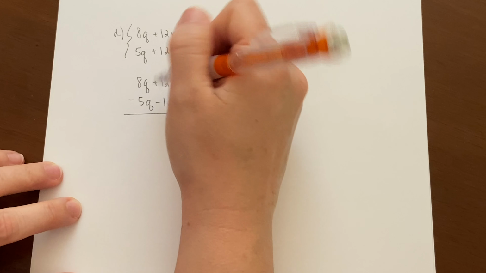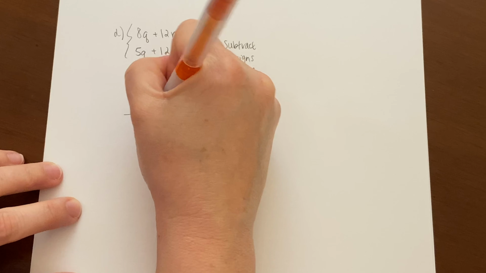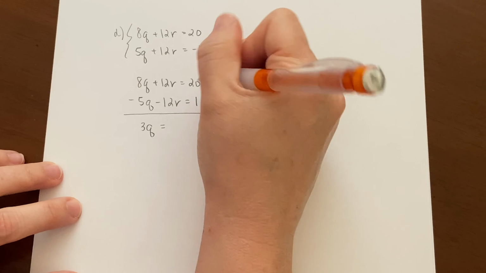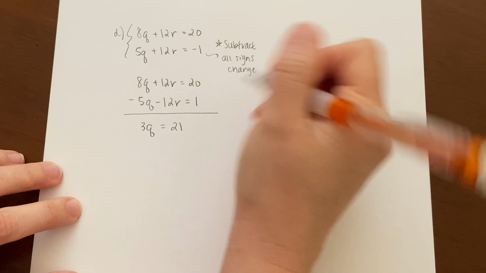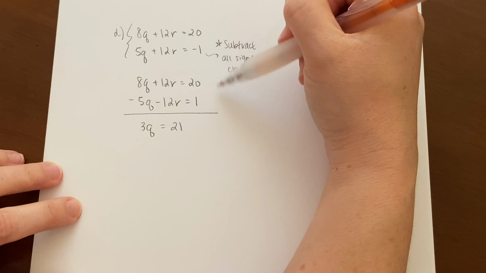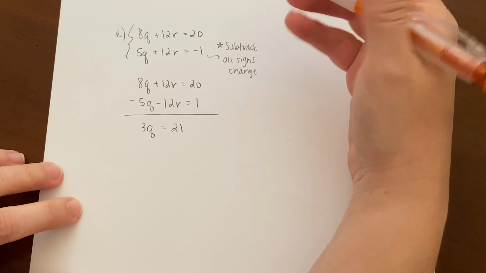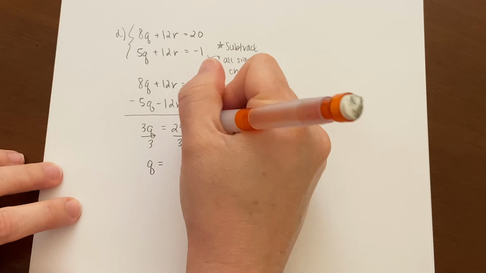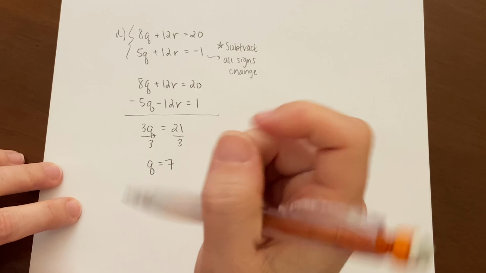So 8q minus 5q gives me 3q. 12r minus 12r cancels. 20 plus 1 is 21. So I called it subtraction, but once I changed all the signs, it's actually addition. Then we're going to divide both sides by 3. 21 divided by 3 gives me 7.